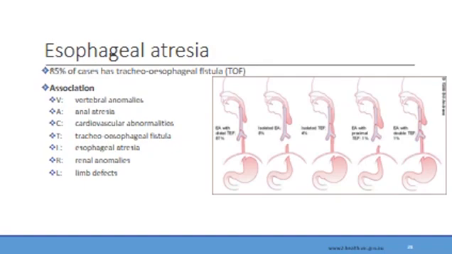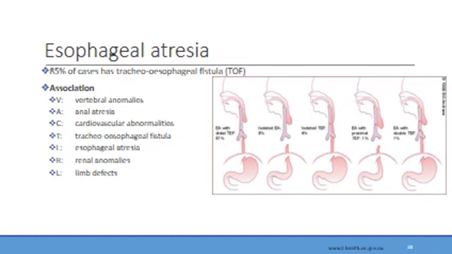Esophageal atresia is a congenital abnormality where there is interruption of the esophagus with resulting proximal and distal esophageal pouches. In 85% of cases, there will be a tracheoesophageal fistula present between the tracheobronchial tree and the distal esophagus. It is important to evaluate these babies for associated abnormalities, namely the VACTERL association.